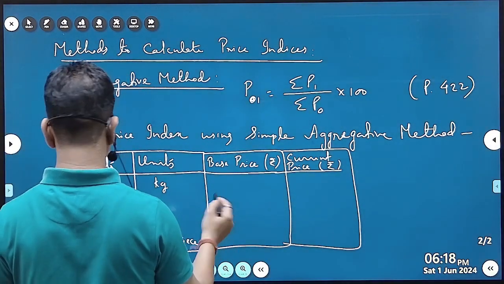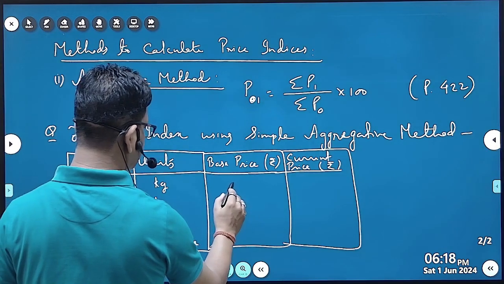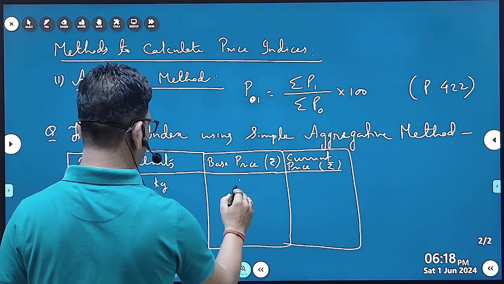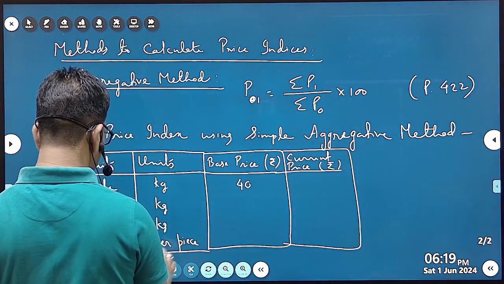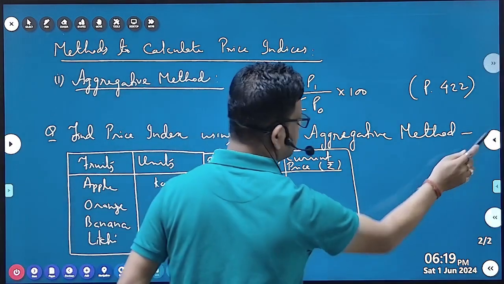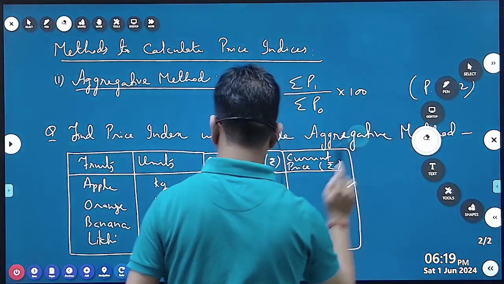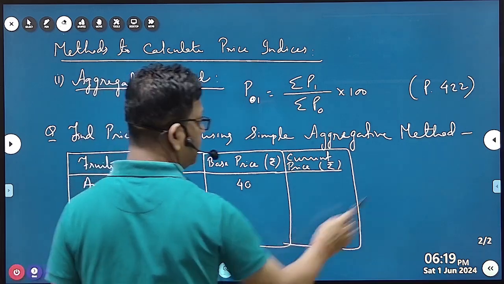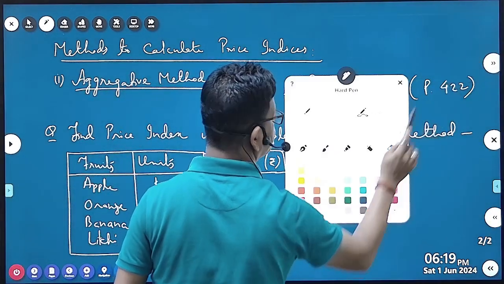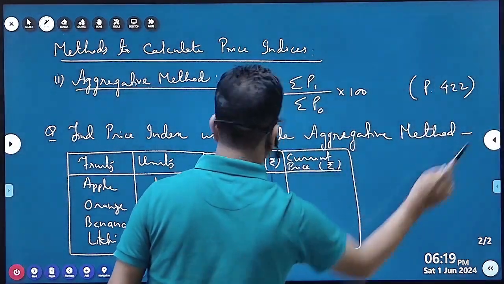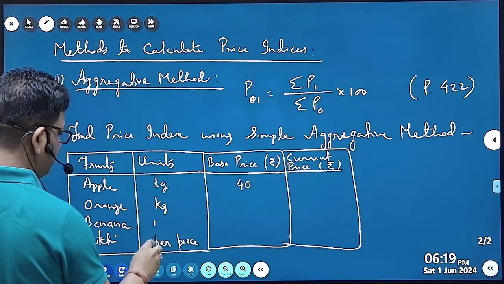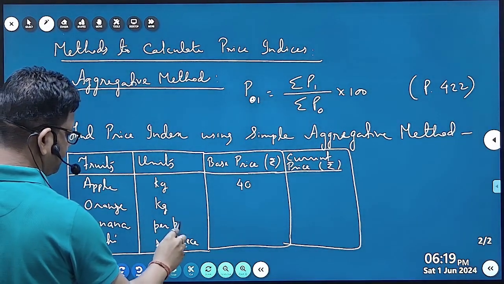So, suppose here the base price originally was 40 rupees. Banana should also come per piece. Just a minute. So here also I am writing per piece, because they are measured in dozen and all. So this is also per piece.